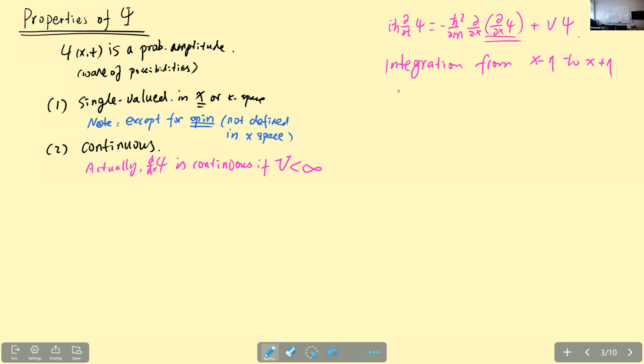So you can see the left hand side is going to be, and the right hand side is going to be, you're going to have two terms, right? The first one can actually be integrated because this is a derivative with respect to x, right? And then you have another term.